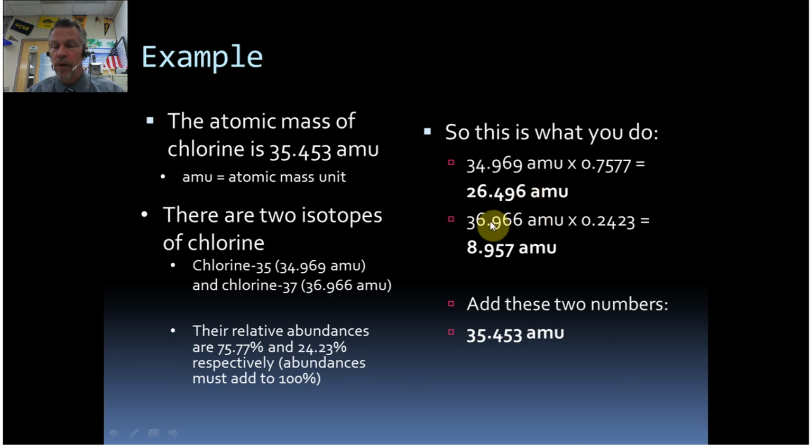And then for chlorine-37, here is its atomic mass, 36.966 AMU, times its relative abundance, 24.23%, expressed as a decimal. You multiply those together and you get 8.957 AMU. You add these two numbers together, 26.496 plus 8.957, you get 35.453. And this is the number that you see on the periodic table.